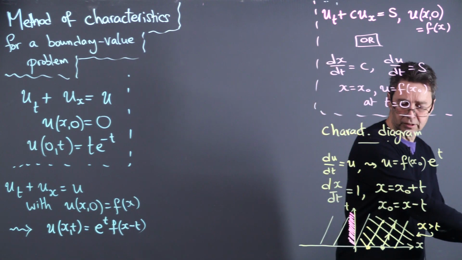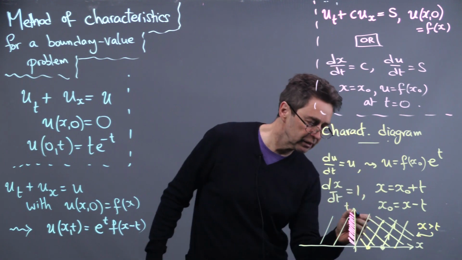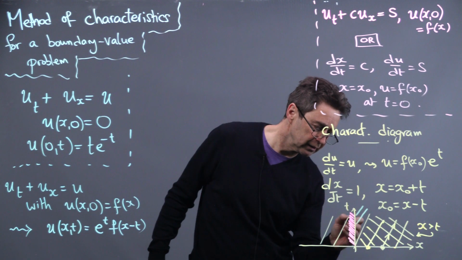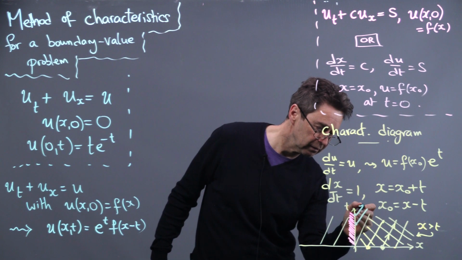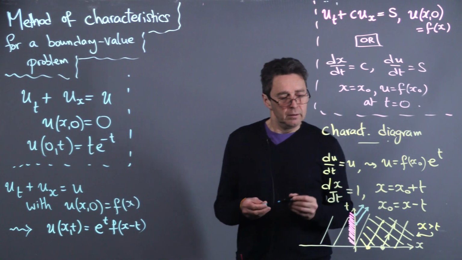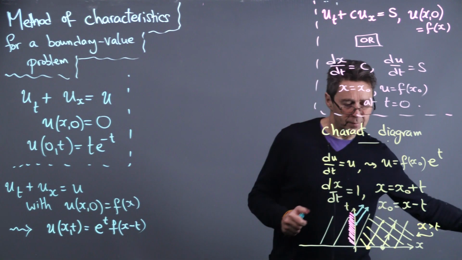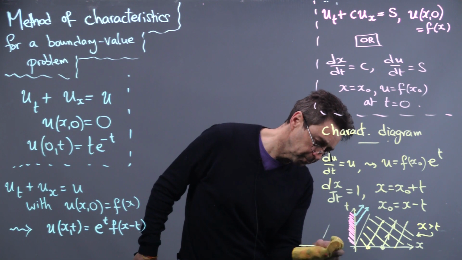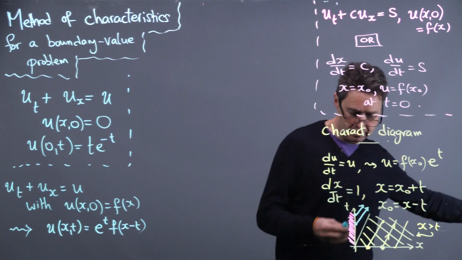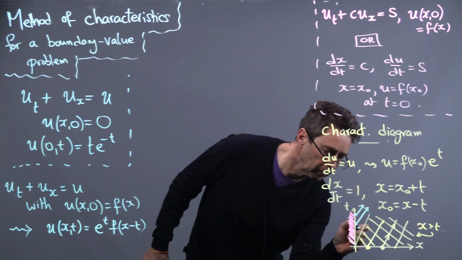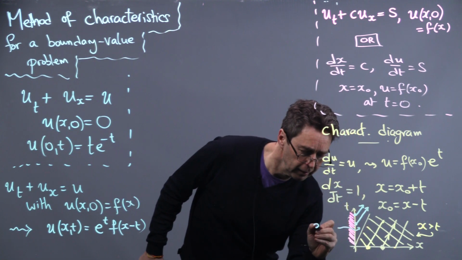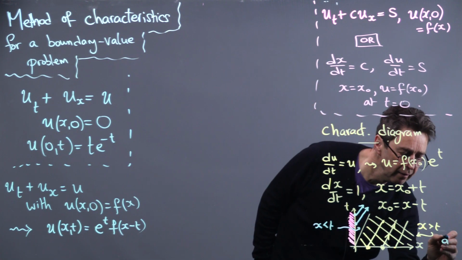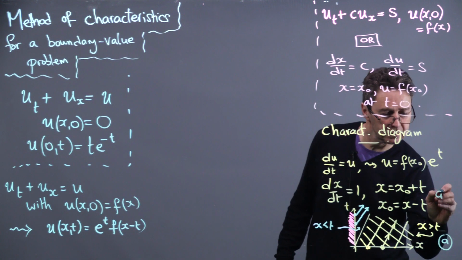The issue, of course, is that there's a whole bunch of other characteristics now that instead of starting on the x-axis, they now begin on the t-axis. So we have a second family. If I now adjust this picture, that's x less than t, so that's family A, which are given by this.